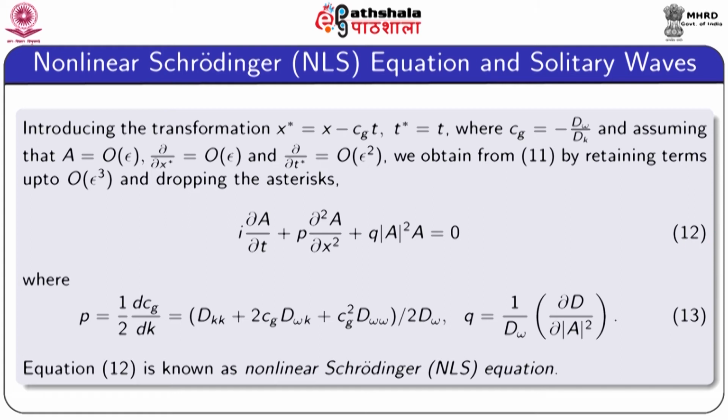If you observe this equation, you can see the nonlinear term is present here, which is mod A square into A. In this way we can derive the nonlinear Schrodinger's equation starting from the dispersion relation.